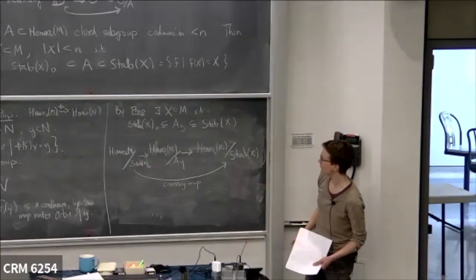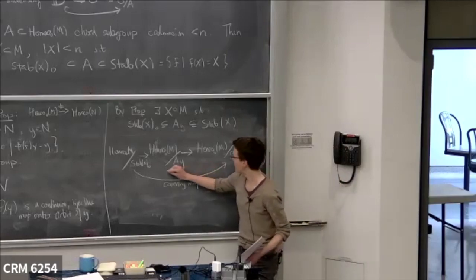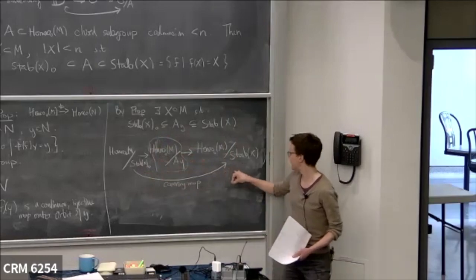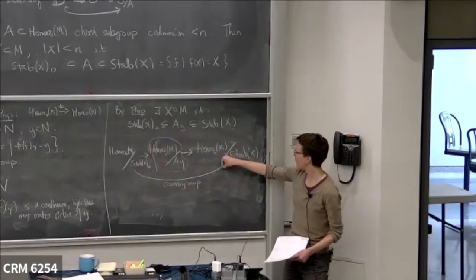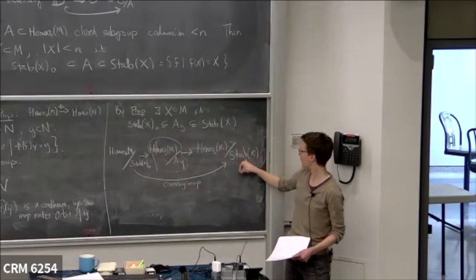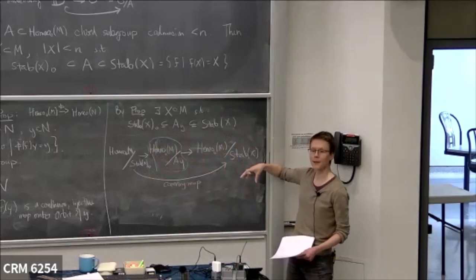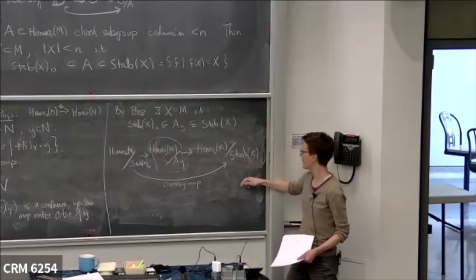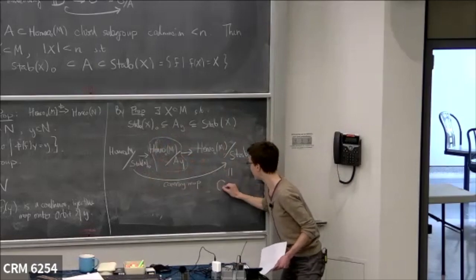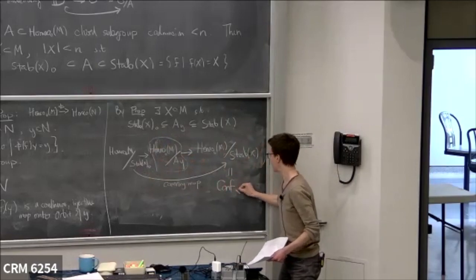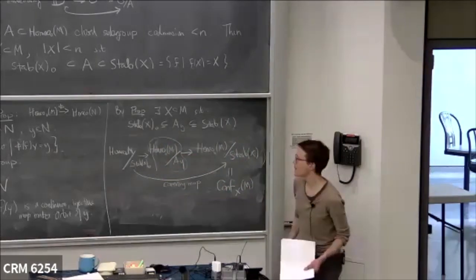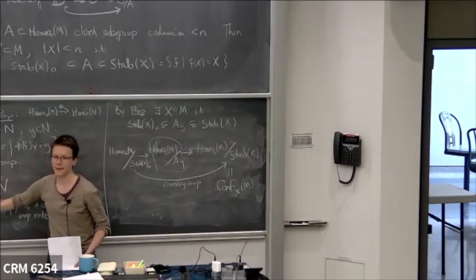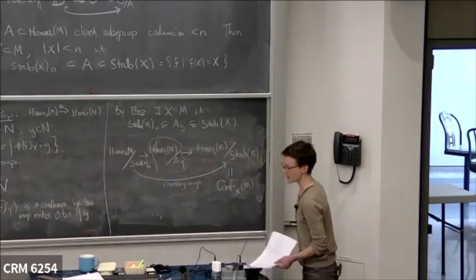So what does this say? This says that this thing is some intermediate cover. And what is a homeomorphism group of a manifold modulo the setwise stabilizer? That is just the configuration space of X in M. We did a baby case of that before, but that was a stabilizer.